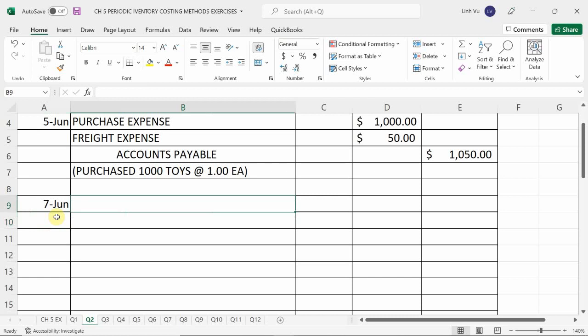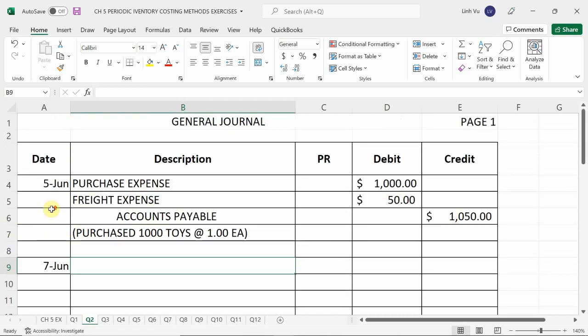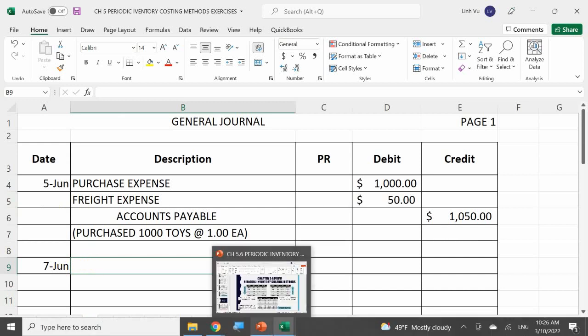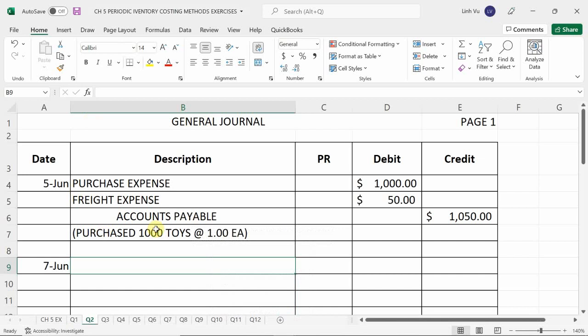I requested a refund. Okay. What account do I need to use? Accounts payable. Accounts payable, because in this case, I put it on account, but this time I never paid for it, so they can't give me back money. So instead, they're going to reduce my account and the amount that I owe. Okay.